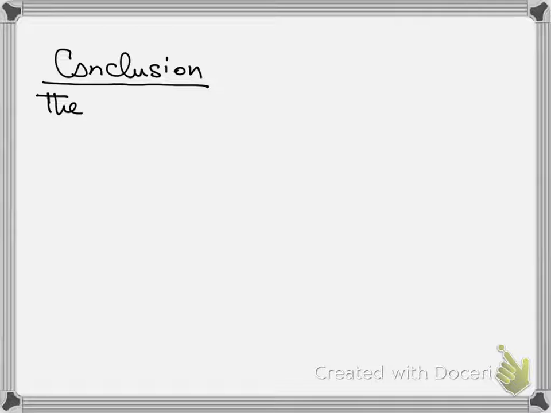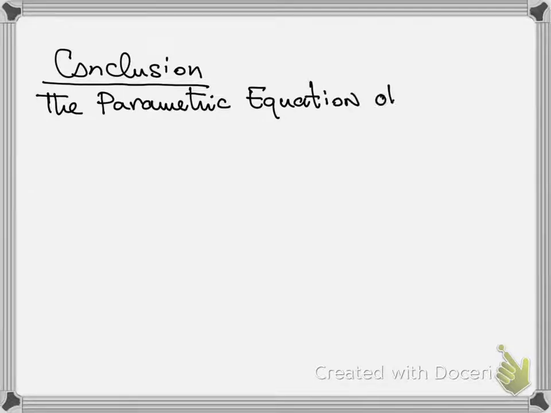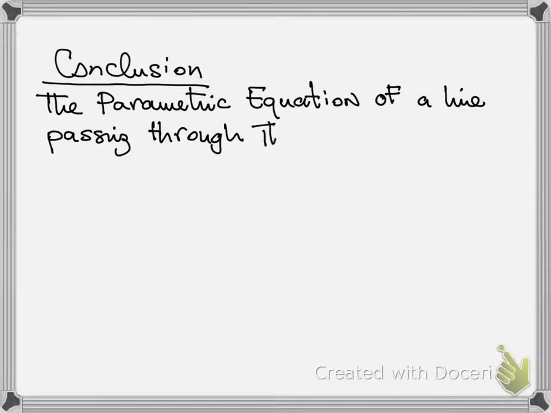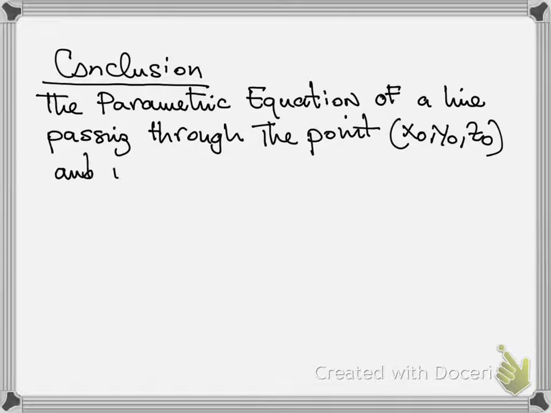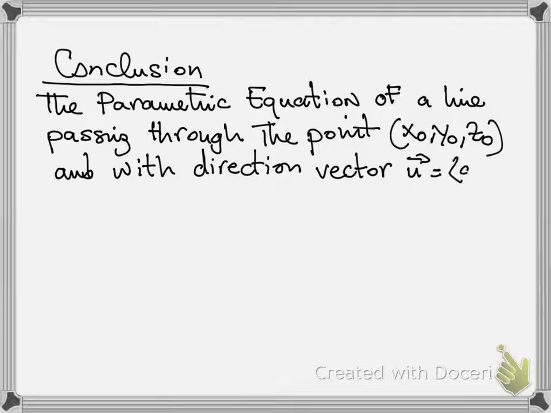Okay, so the conclusion is that the parametric equation of a line passing through the point, let's say x0, y0, z0, and with direction vector u equal to abc is actually the following.